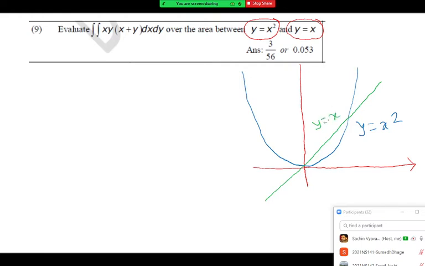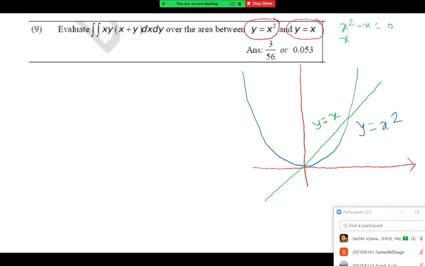Now, as we have these two curves and they are intersecting at two different positions, we should know the coordinates of the intersection. So how to get the coordinates of intersection? Just replace y by x in this equation. We get x = x². So x² - x = 0.